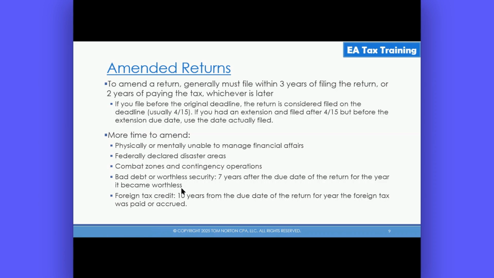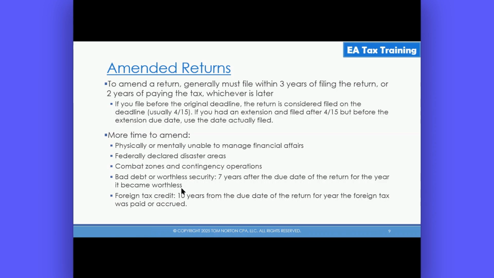And so, for instance, if you had a worthless security that became worthless during 2024, of course, your 2024 tax return is due April 15th of 2025. So you would actually have until April 15th of 2032 to amend your 2024 tax return for that worthless security.